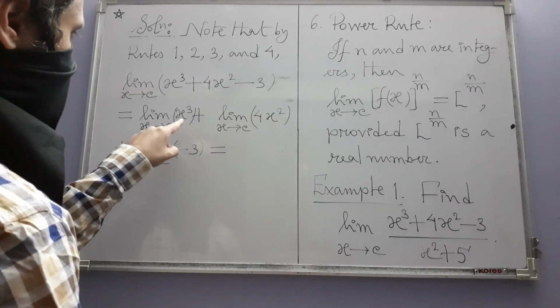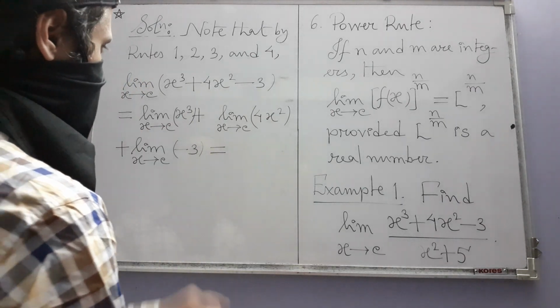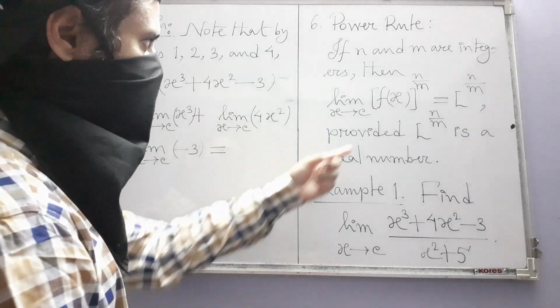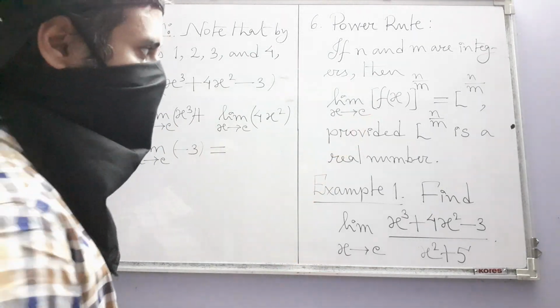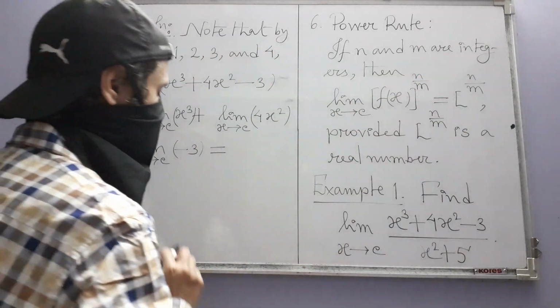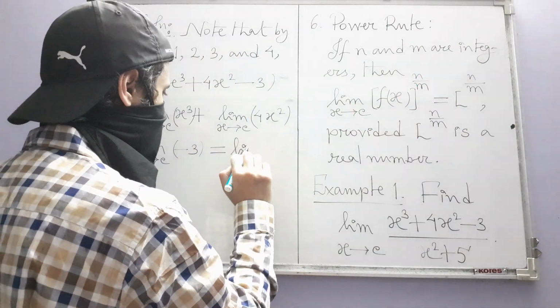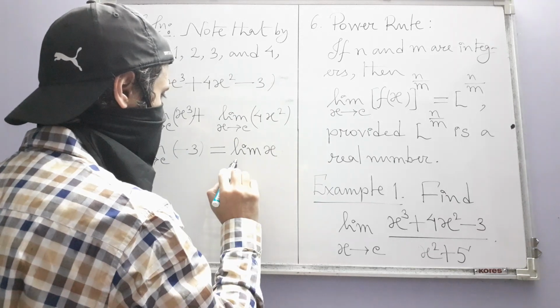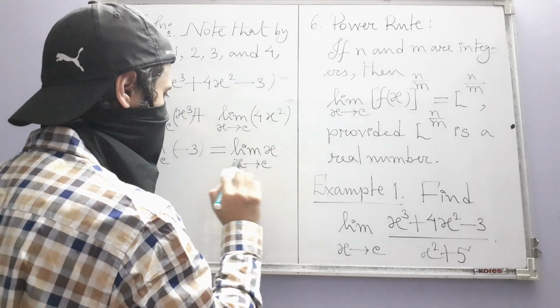Now what do I do with this? Here I am going to apply the power rule with n equal to 3 and m equal to 1. If I do that, then I will get this.